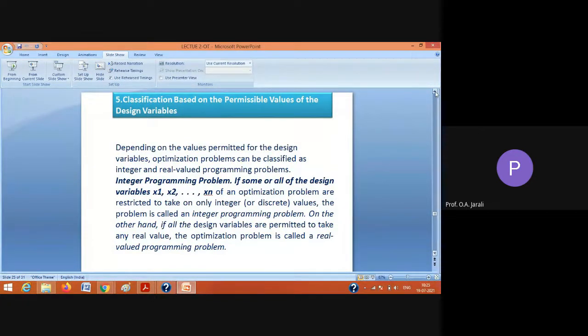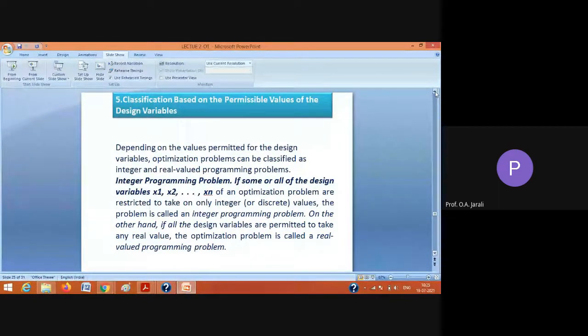So depending on the values permitted for the design variable, optimization problems can be classified as integer and real valued programming problems. All of you studied in school what integer and real values are. Real values include zeros and negatives also.